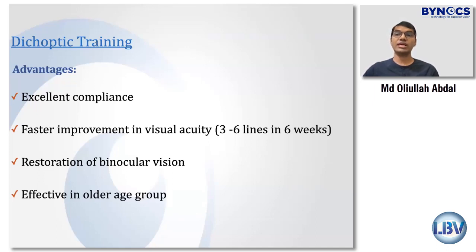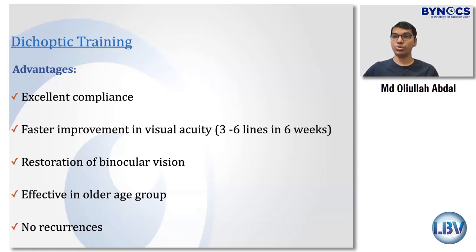Last but not the least, it does not give you recurrence. What is very important is that once you achieve the treatment, it should stay there, be sustainable, and maintain the visual acuity and binocular vision gained, which is very evident with the dichoptic approach.